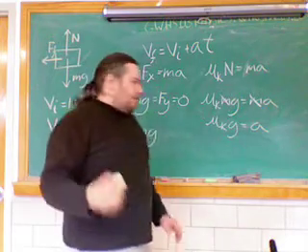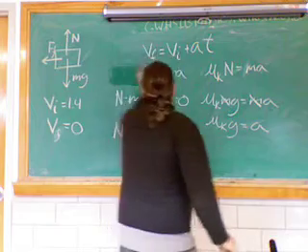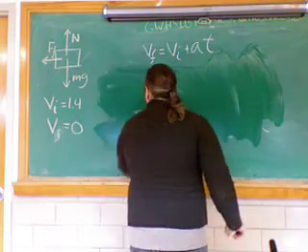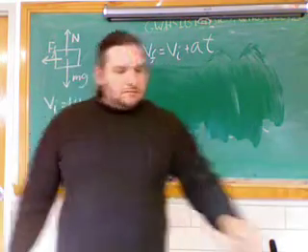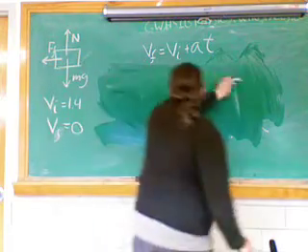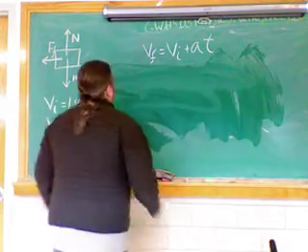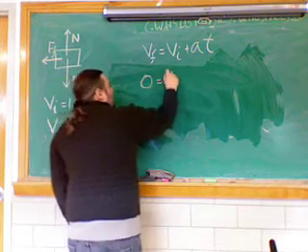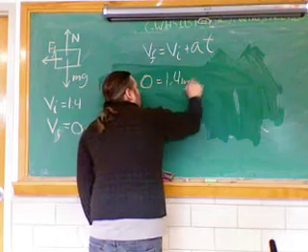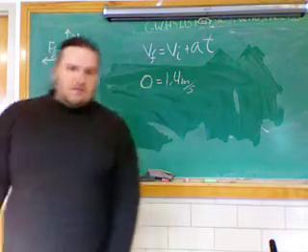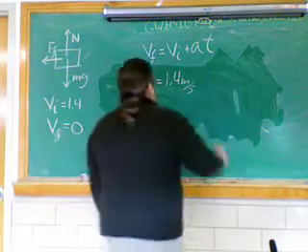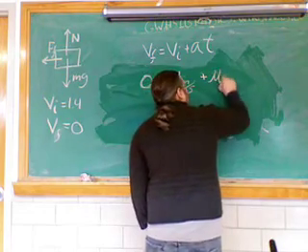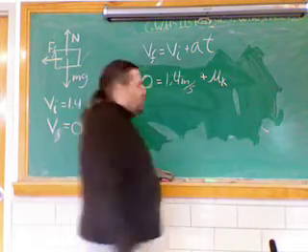Erase this real quick. Alright, so v final is 0. V initial, I do believe it's 1.4 meters per second, but I could be wrong, plus my acceleration, which turned out to be the coefficient of friction times g, times t.